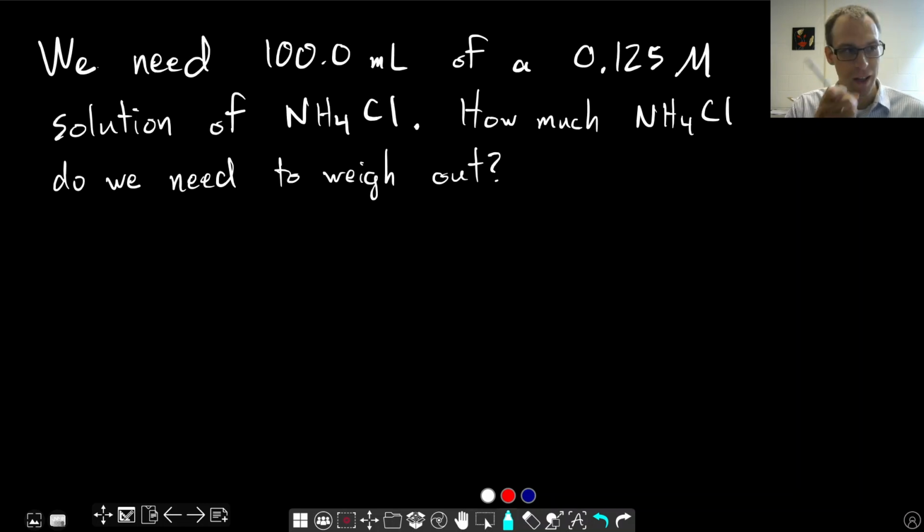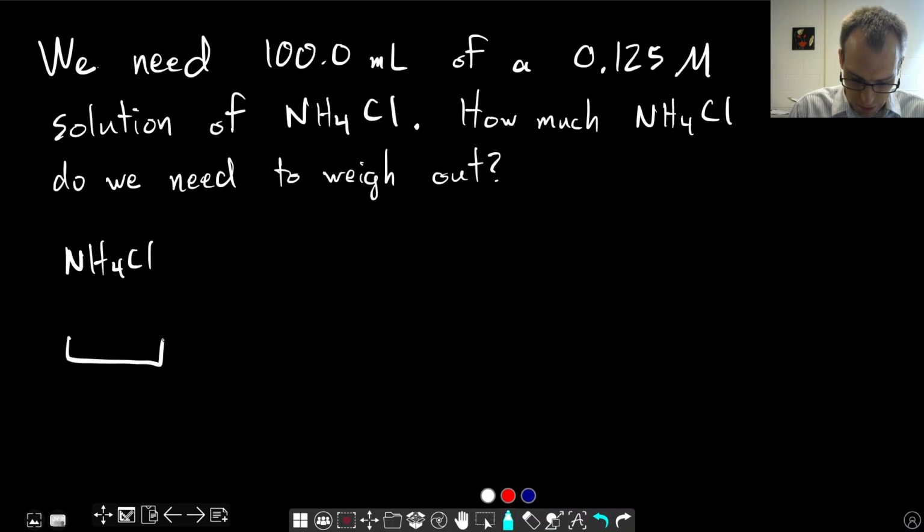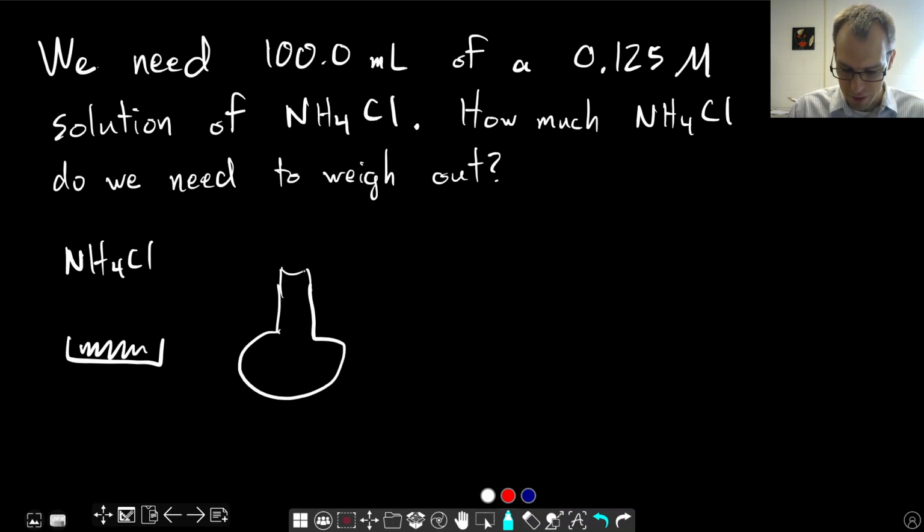The way this would work in the lab, just so you know what it would look like, is that you would weigh out your ammonium chloride in some sort of container on a balance. And then you would use what's called a volumetric flask, which I think you have been introduced to in the lab. Use a 100 milliliter volumetric flask.